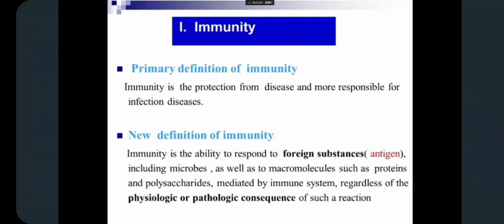And the new definition of immunity is the ability to respond to foreign substances, including microbes, as well as macromolecules such as proteins and polysaccharides, mediated by the immune system, regardless of the physiologic or pathologic consequences of such a reaction.